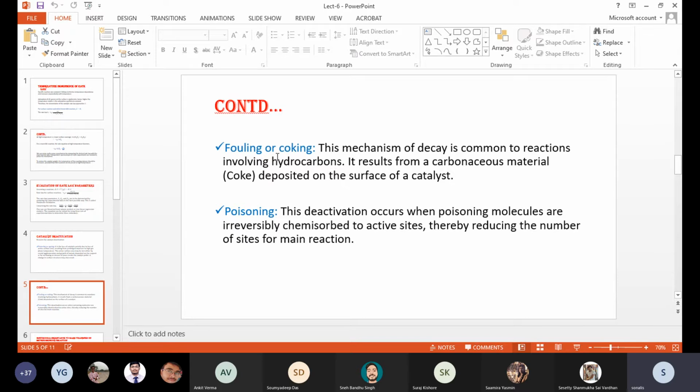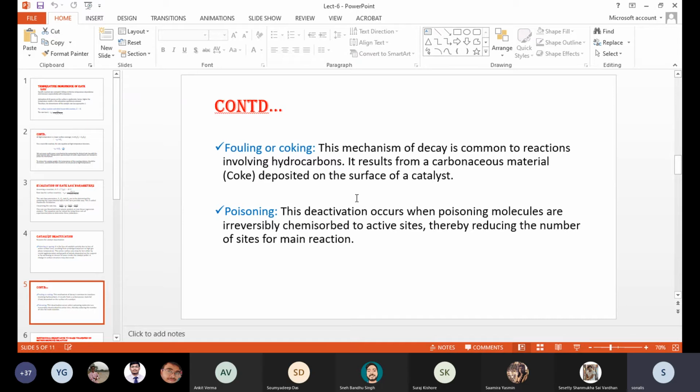Another reason is fouling or coking. This mechanism of decay is common to reactions involving hydrocarbons. Hydrocarbons consist of hydrogen and carbon. Many compounds are actually hydrocarbons, maybe methanol, ethanol, and many others, many acids, acetic acid. So whenever you use these compounds for a reaction, what will happen?